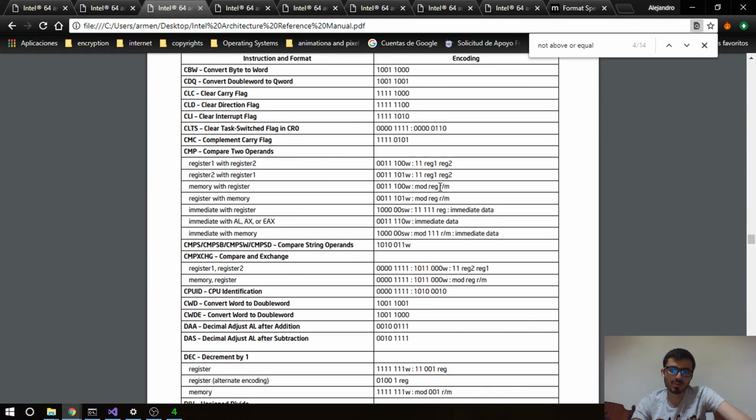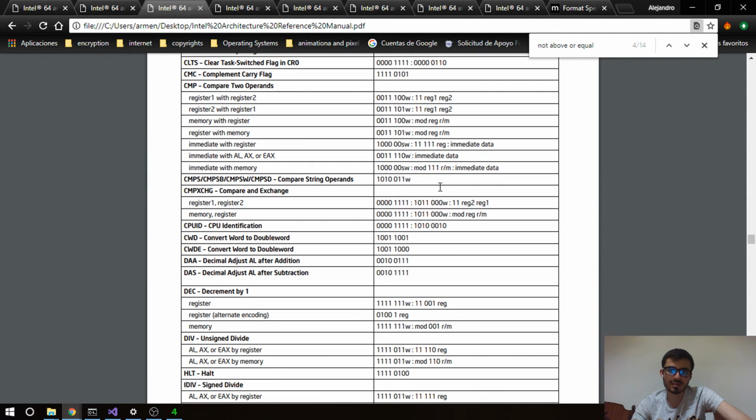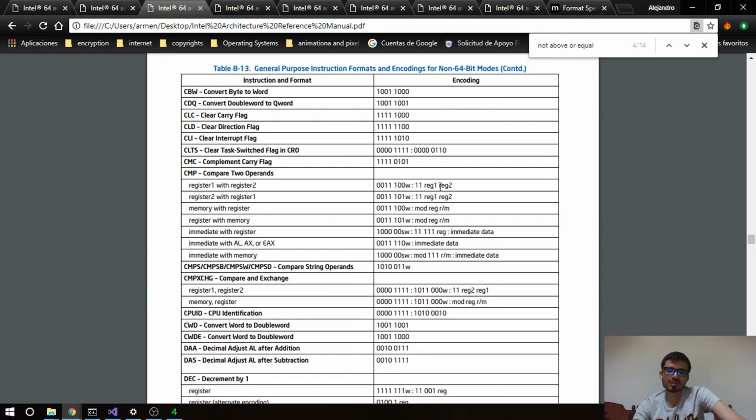Now, for example, right here we don't see any SIBs, because the SIBs are encoded on the table. So what probably happens here is that, let's say, we compare two operands.